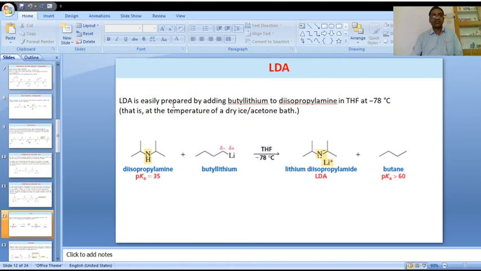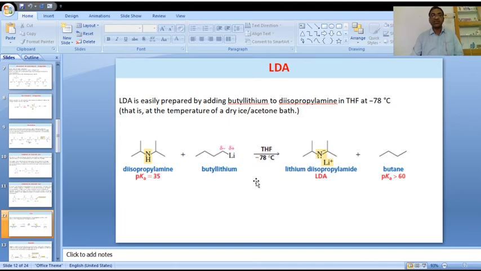LDA, lithium diisopropyl amide, is easily prepared by adding butyl lithium to diisopropyl amine in the presence of tetrahydrofuran, THF, at minus 78 degrees centigrade.